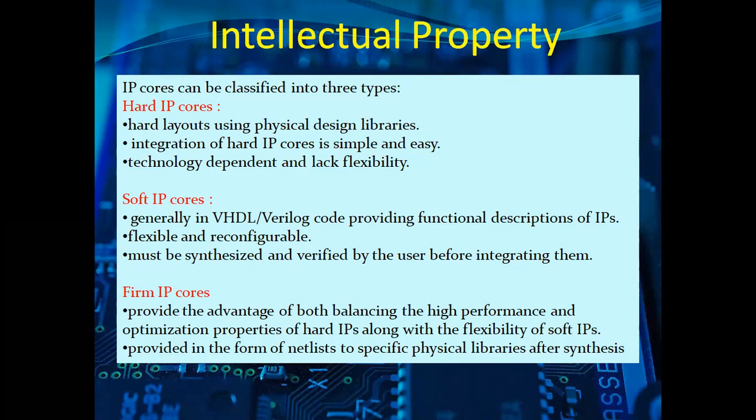Okay, so it is completely technology dependent. But since we have very little to do, it means it lacks flexibility also. So it can be directly ported and it can only be used if our technology is compatible and it can be interfaced. So it is very close to a macro.